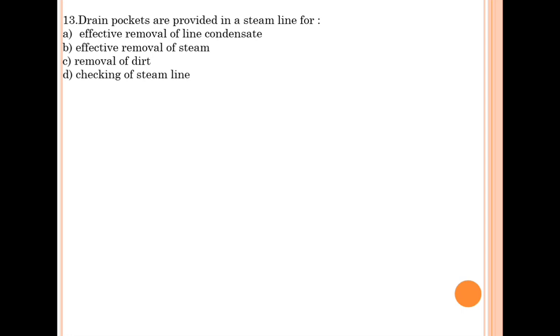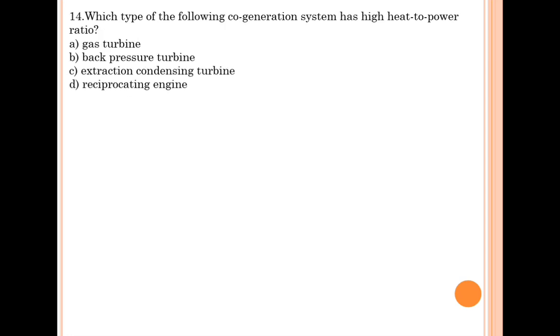Then question number 13 is drain pockets are provided in a steam line for. Basically we know it is for the effective removal of condensate. So the answer should be option number A, that is the effective removal of line condensate. Question 14.